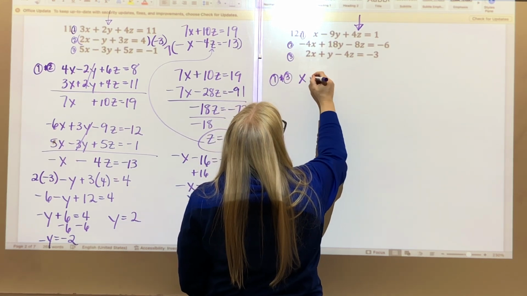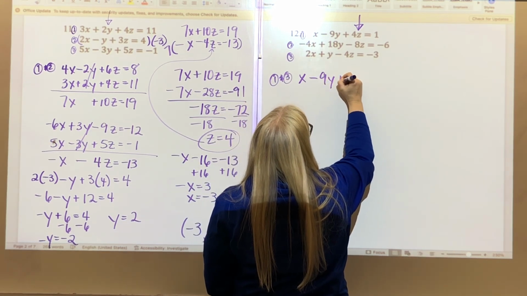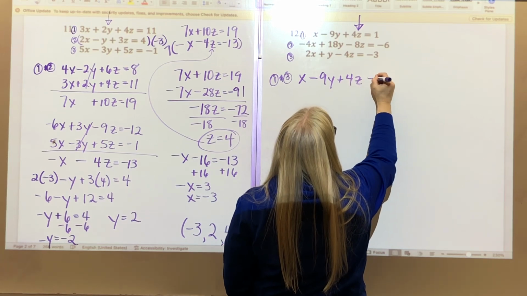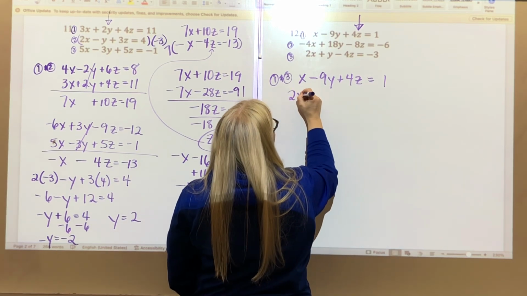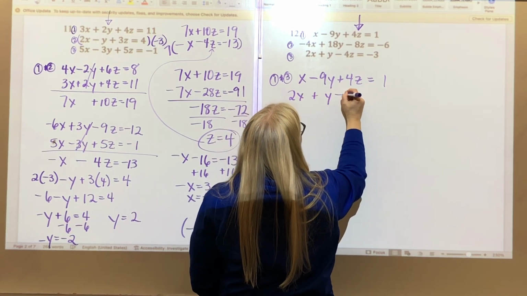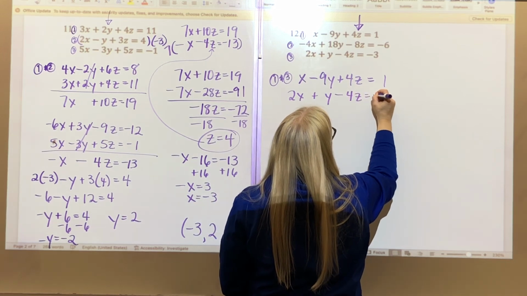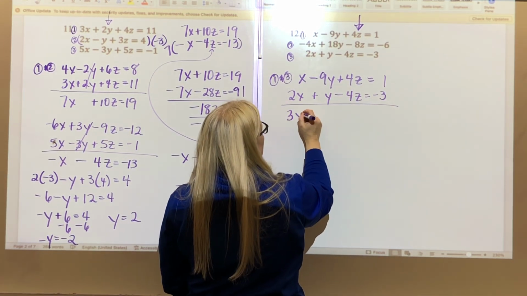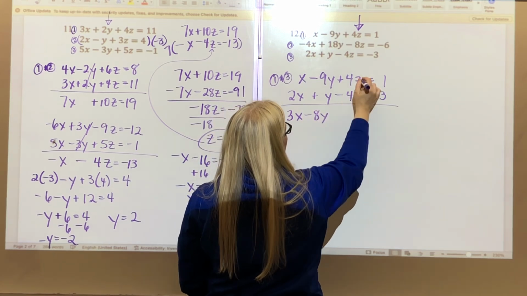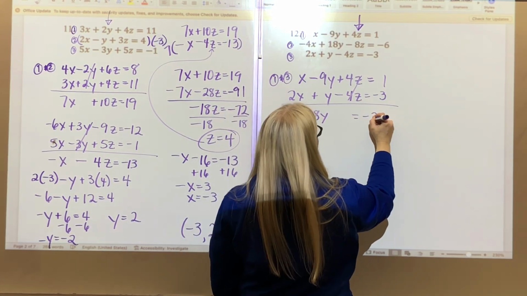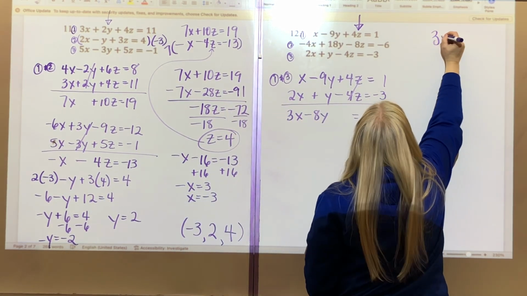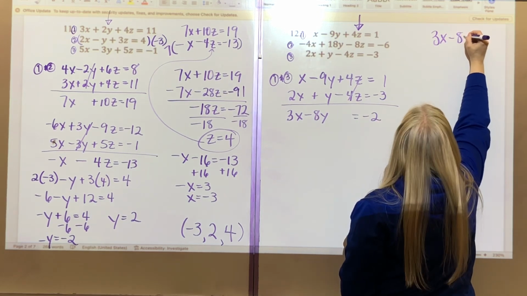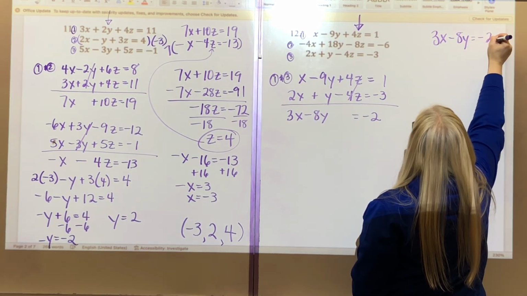So we have x minus 9y plus 4z equals 1. 2x plus y minus 4z equals negative 3. So I get 3x minus 8y, cancel, equals negative 2. So 3x minus 8y equals negative 2.